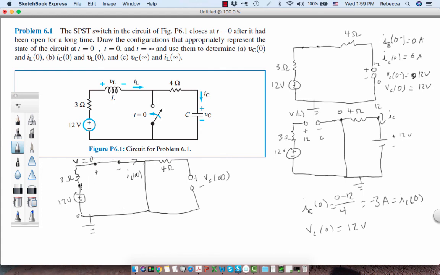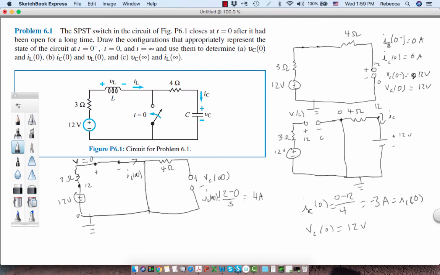Voltage here is 12. So if I want to find the current here, which is the same as the current through the inductor, then the current through this 3 ohm resistor is 12 minus 0 over 3. So this is IL at infinity, which is 4 amps.